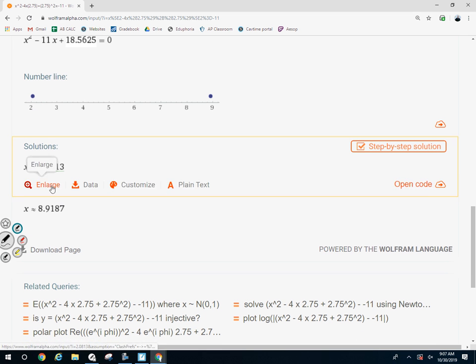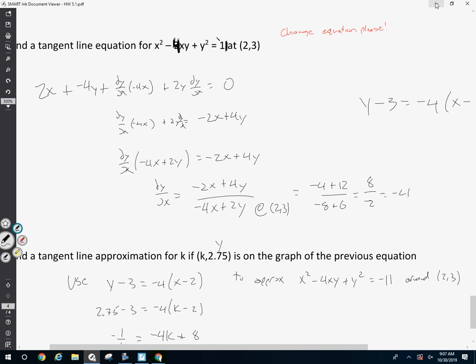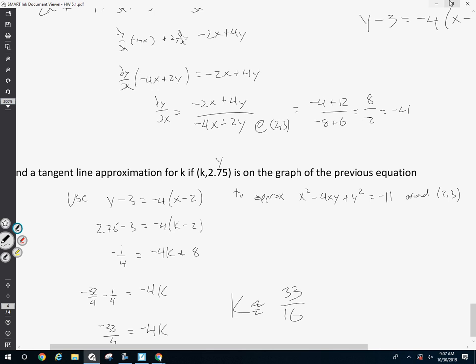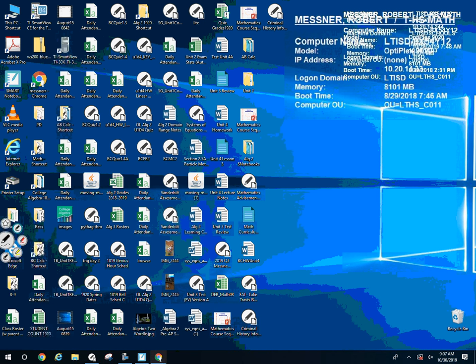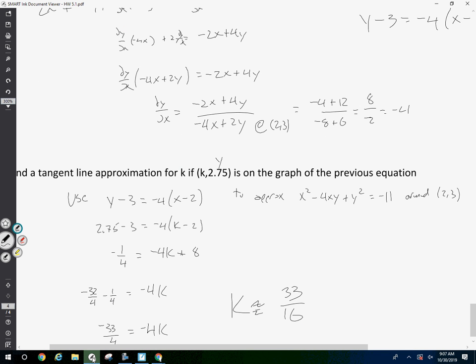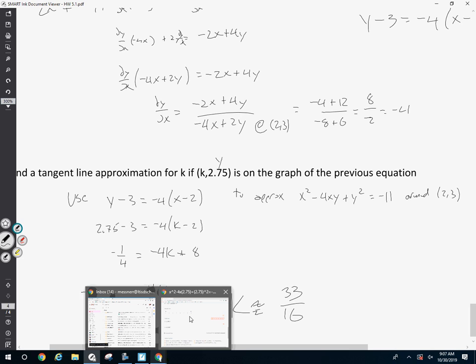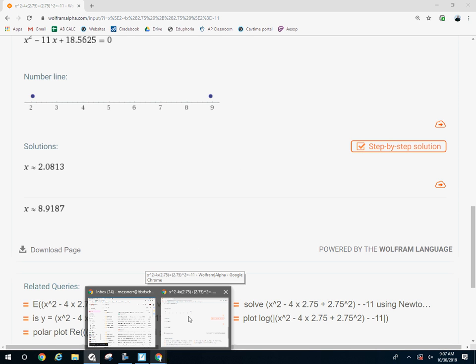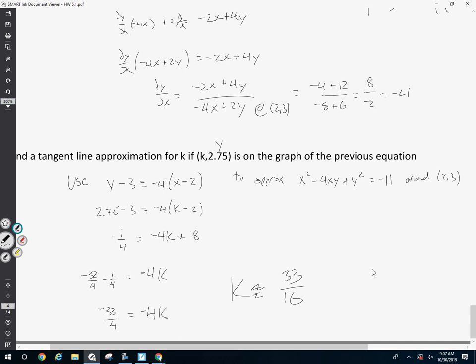I get 2.0813 or 8.9187. I'm looking for the one close to 2, 3. 33/16 is 2.0625. So this is 2.0625, and I got, for an actual, 2.08. Okay, pretty accurate. Definitely accurate to the first decimal place.